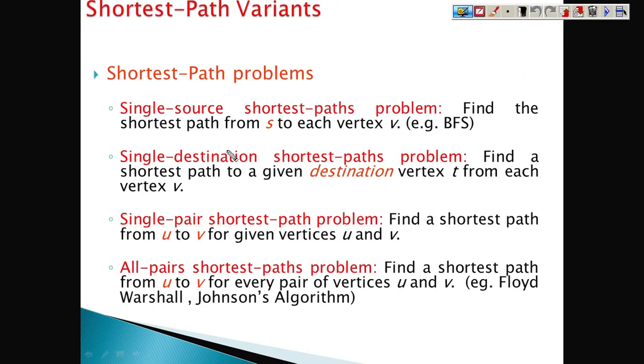We have a variety of problems related to the shortest path. We will have a look at these algorithms. The very first kind of problem is the single source shortest path problem. For example, let us take one graph with A, B, C, D, E, something like this.